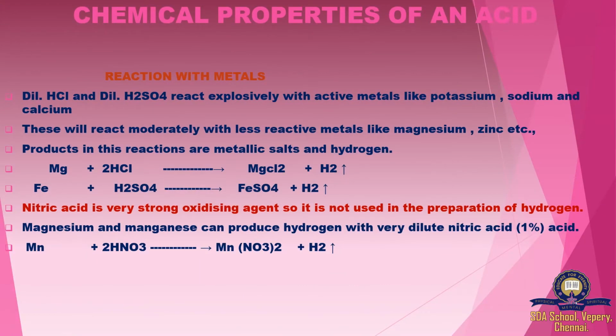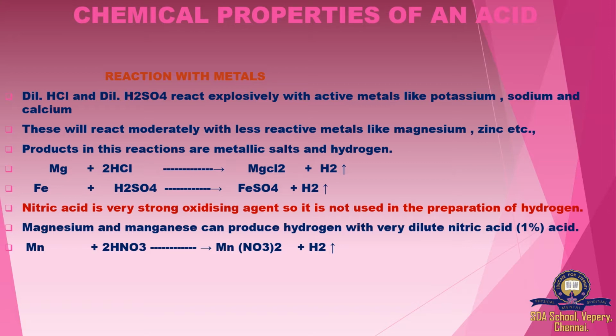Chemical properties of an acid. Reaction with metals. Dilute hydrochloric acid and dilute sulfuric acid react explosively with active metals like potassium, sodium and calcium. When the active metals, the reaction is very explosive.